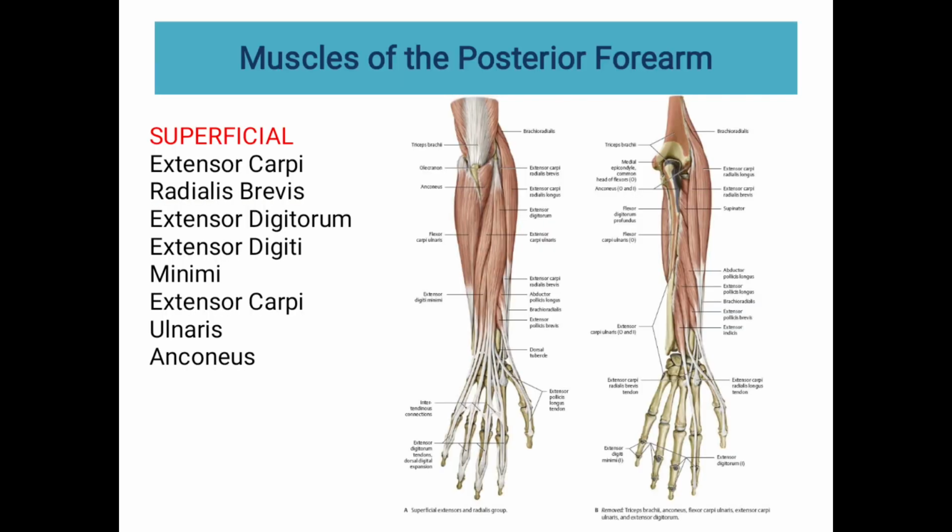Now let's go to the posterior forearm. We have this group of muscles. You have the previous one at the lateral compartment, extensor carpi radialis longus. Right now we have extensor carpi radialis brevis.